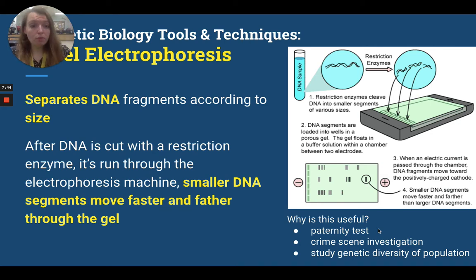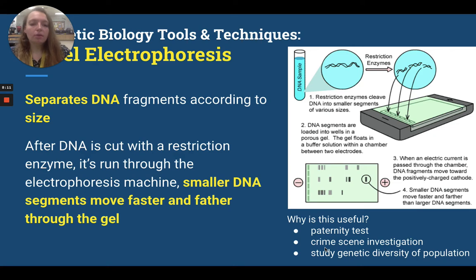We can run them through a gel and we can see, are there any matches? Obviously, the mother is going to have matches or bars that line up, and then we could look through the possible fathers and see, of the bars that are left, are there any matches? And if there are lots of matches, then they'll say that this is probably the father of the horse.